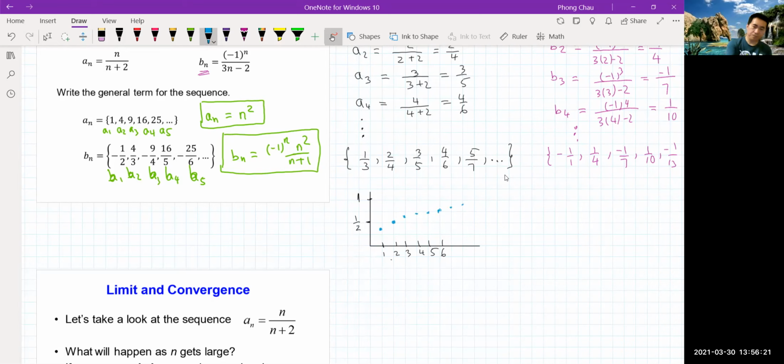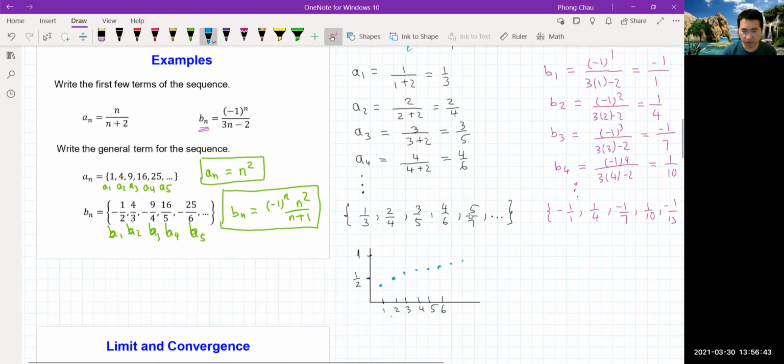Okay, let me graph. So in this case, notice that when you graph the sequence, you see the dots here, it's increasing. Is it increasing forever? Well, it keeps increasing, but there is a limit. You look back at the formula that we have here, so we're graphing that one.